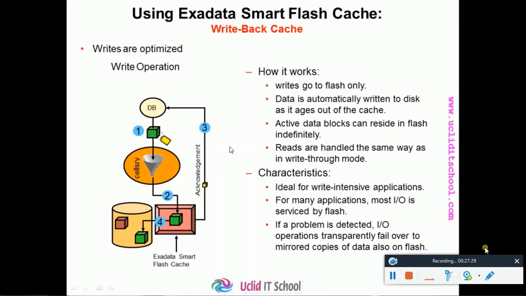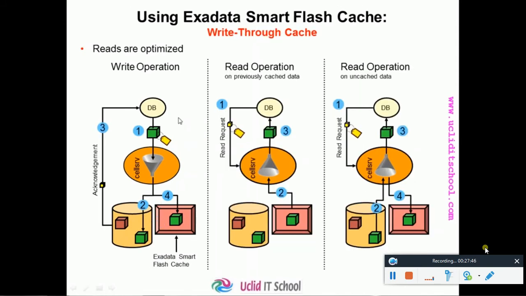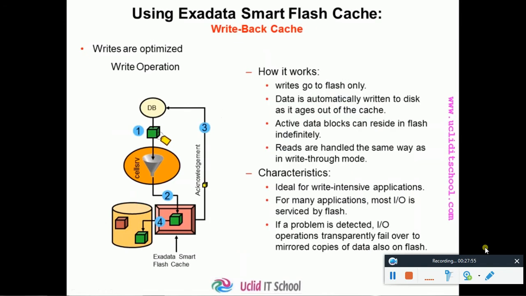Before that, let us see the diagram. Again, the database server sends a write request to the cell server, and this write request now goes to the flash cache, not the hard disk. Earlier, in write through mode, that write request was going to the hard disk, not the flash disk. But here the write request is going to the flash storage.